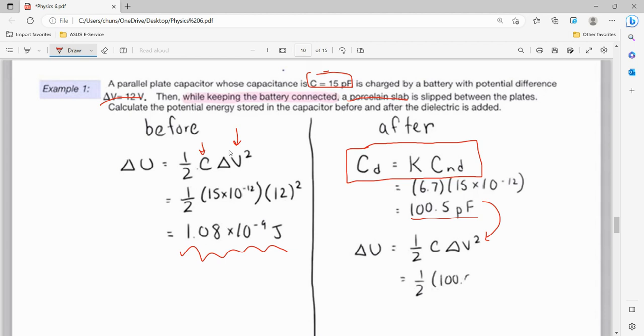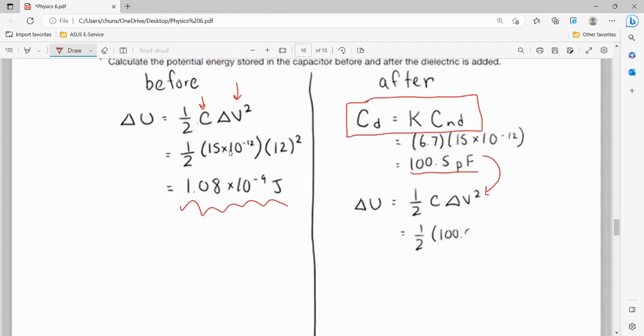I didn't finish the calculation, so let's do that. 100.5 times 12 squared, times 10 to the negative 12.